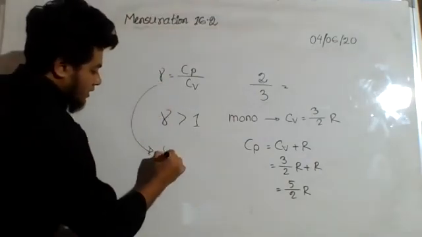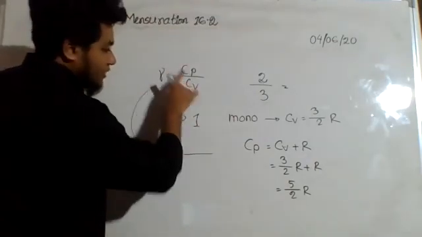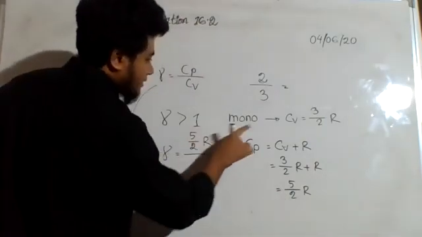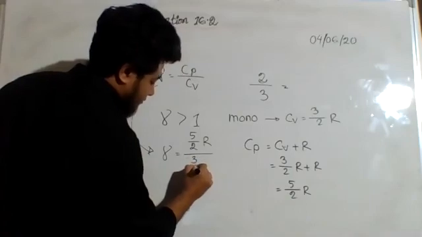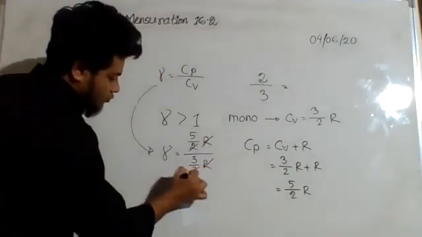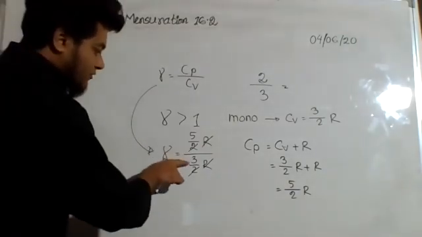Gamma will now be Cp, 5/2 R, over Cv, 3/2 R. R and R will cancel each other, and 2 and 2 will cancel each other. The answer is going to be 5/3.